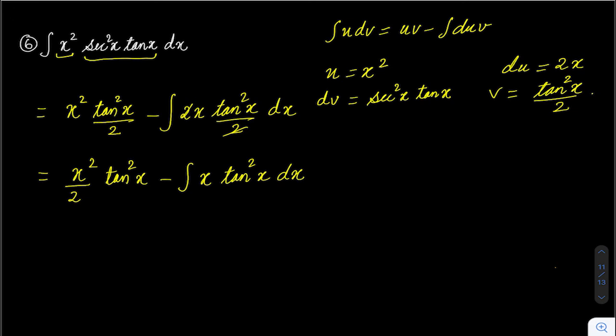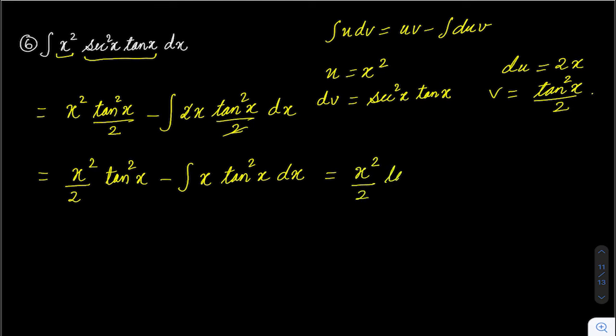Okay, so let me do this. We actually don't know the integration of tan square x, right? But if you think about it, we know the integration of secant square x, right? Integration of secant square x is tan x. So just to make this a little more simple, I will first make a change in this.